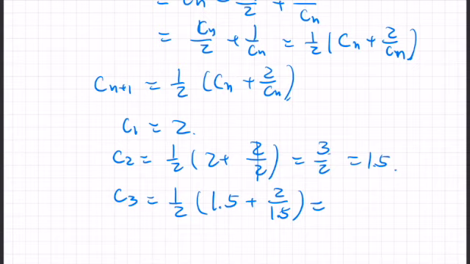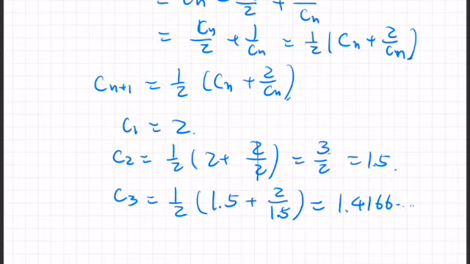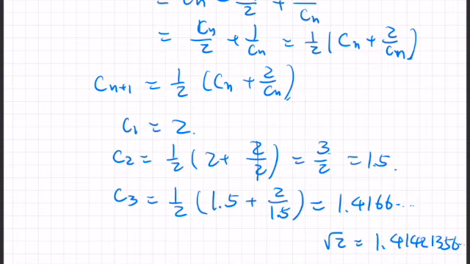According to my calculation, that's 1.4166, and so on. If you continue this, the value will get closer and closer to the square root of 2, which is 1.41421356, something like this.